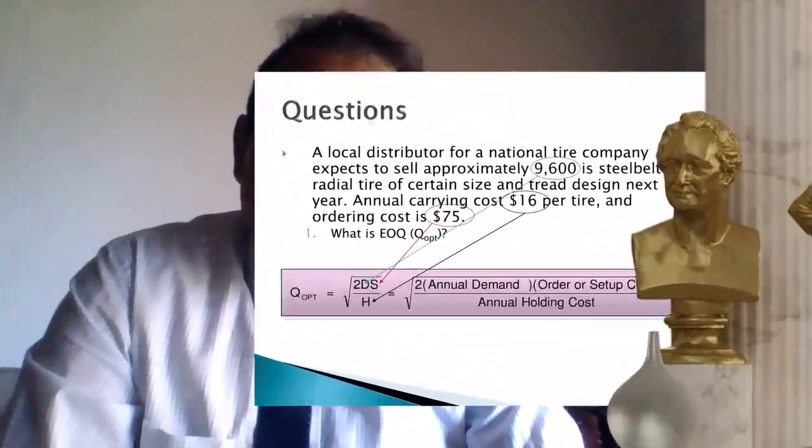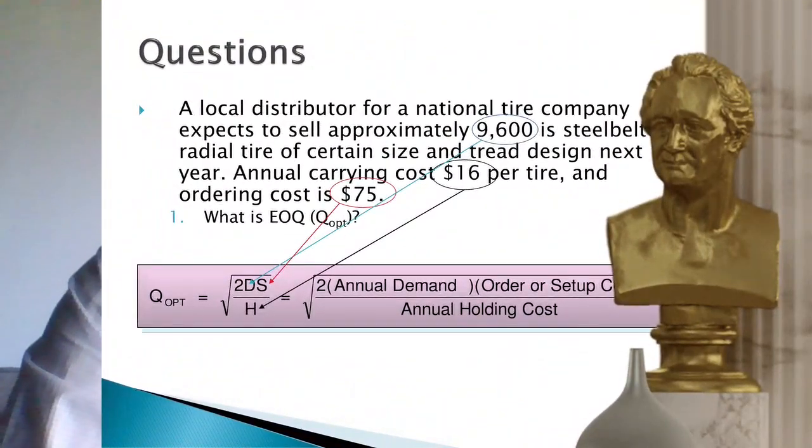So this is the question of how we calculate economic order quantity. You will do that, and I'll place an activity in SULMS, but let me explain how you will do it. This is a case of a distributor of tires, and its demand is 9,600 tires in a year.